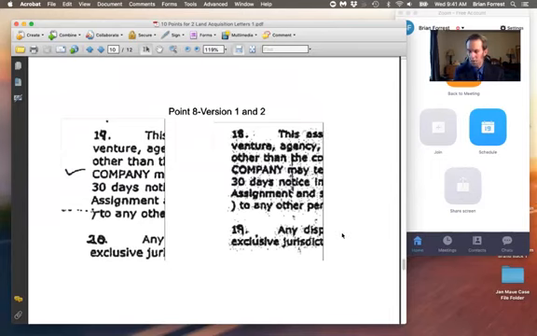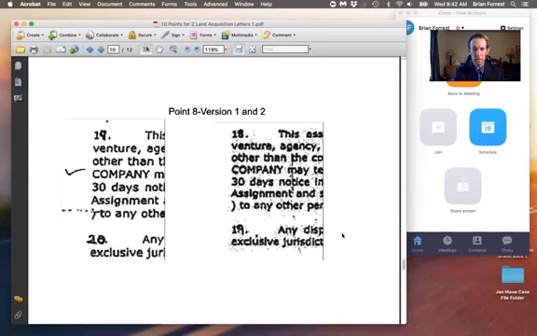Point number 8 talks about handwritten altered numbers in clause 19 and 20 of version 1 and 18 and 19.